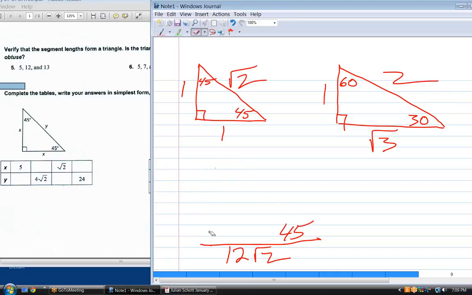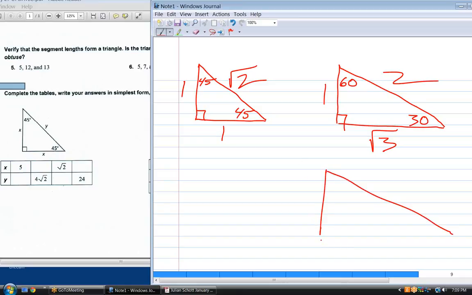So let me give you a test before we go to the next one. Let's look at the next one. I got a 30-60 triangle, only this side is 6. What's this side? So are we comparing it to the one above it?